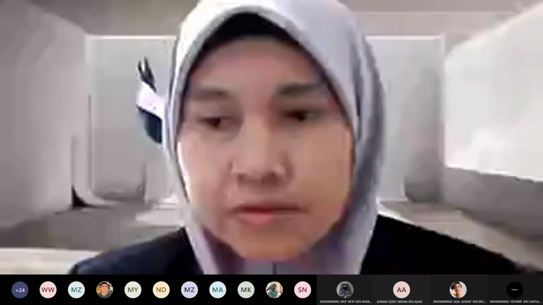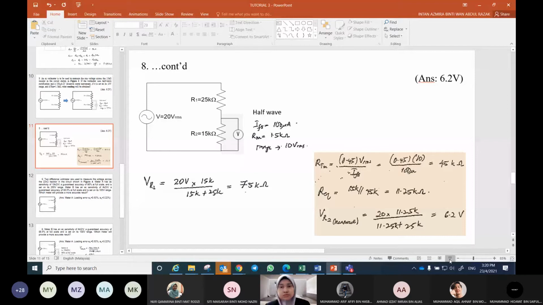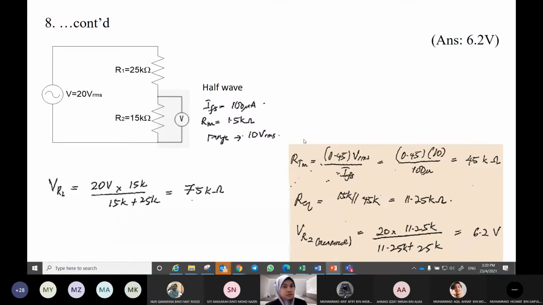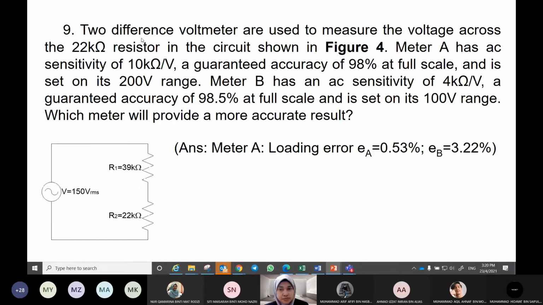Class, we have done number 8. Dah ya? Dah ke belum number 8? Belum. We have done number 8 or not? Belum. Oh, belum. So we stop at number 7.